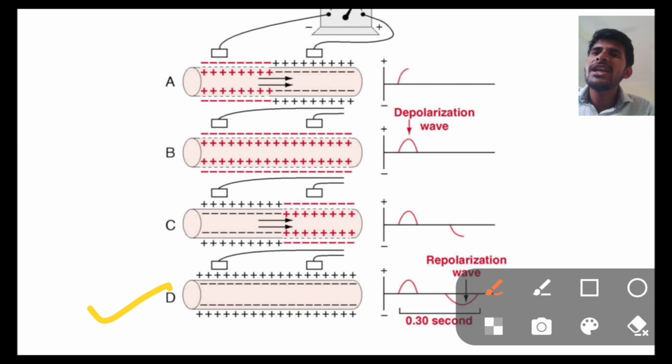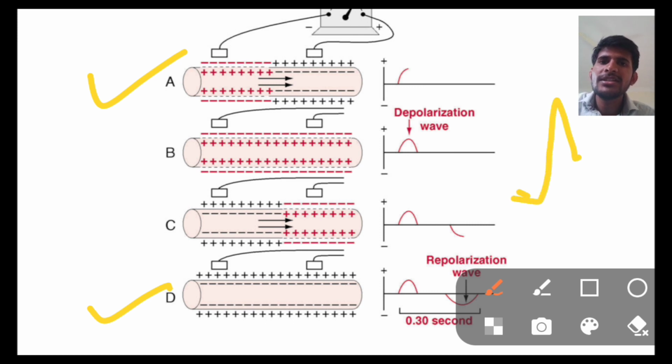When an impulse arrives, you can see A. There will be exchange of ions like potassium and calcium. This type of graph you may remember, the cardiac phases 0, 1, 2, 3, 4. As impulses arrive, there is rapid influx of positive ions, and an outer negative potential is developed.